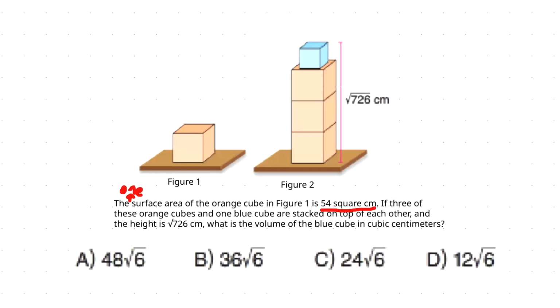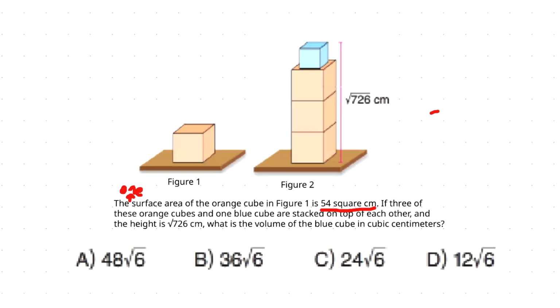If 3 of these orange cubes are stacked on top of each other and we add another blue cube, we have this root 726 centimeters. So how do we find one surface area of a cube?